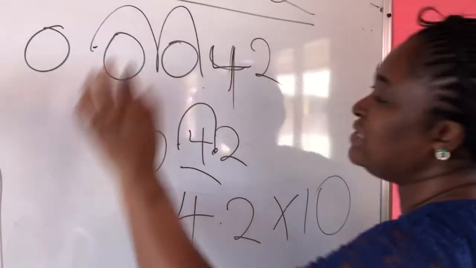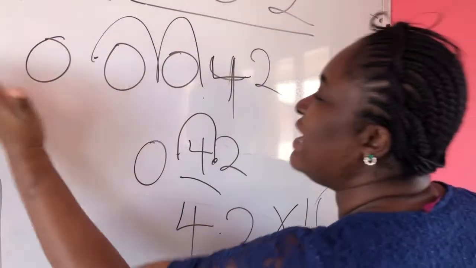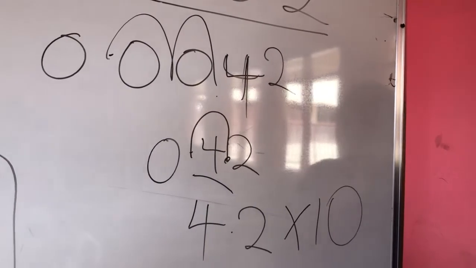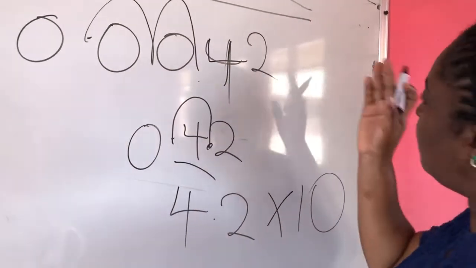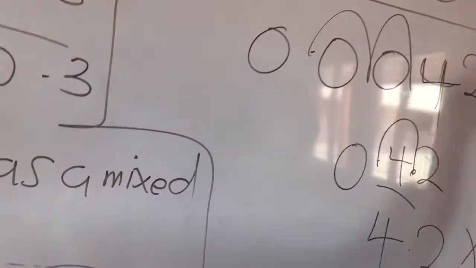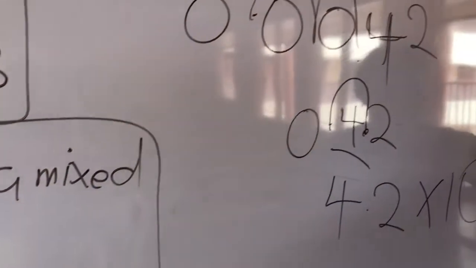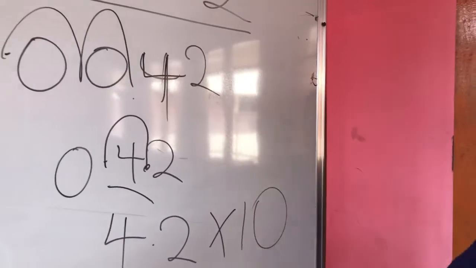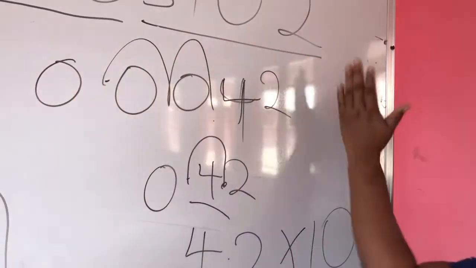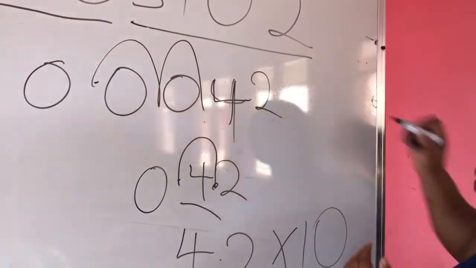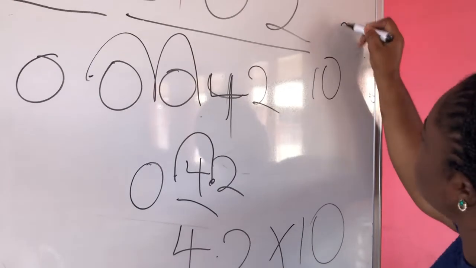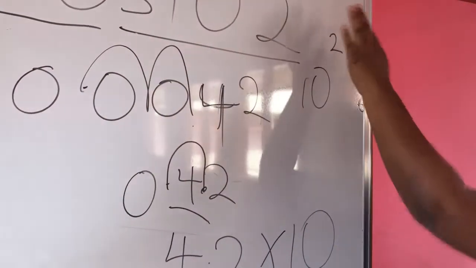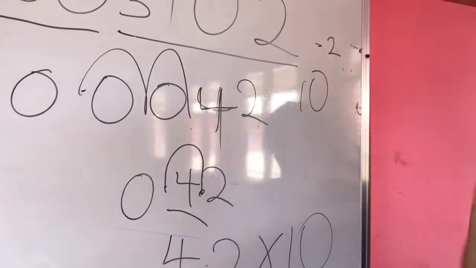But when your decimal point is moving from the right to the left, your power must be a positive number. I realized that some of you were moving from the left to the right and still telling me that your power is 10 raised to the power positive 2. It is wrong. From the left to the right will always give you a negative power.